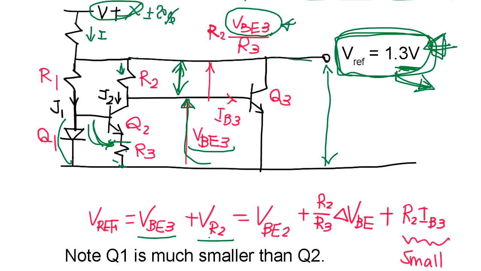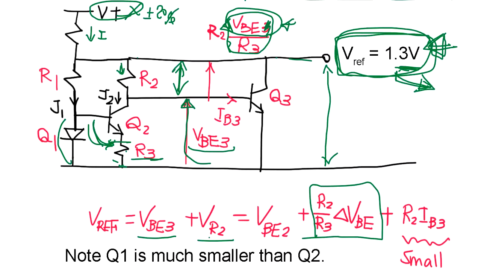This voltage divided by R3 is this one, right? This delta VBE. Sorry, this is the delta VBE. This guy, right?